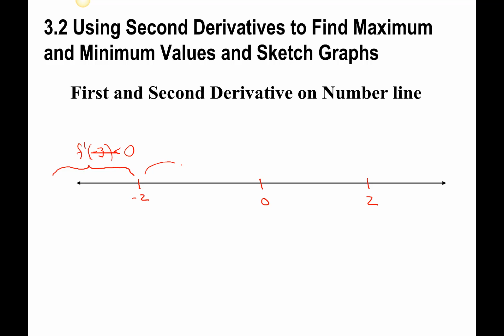The next interval we're going to look at is from negative 2 to 0. So I'm going to put in something like negative 1. Less than 0.